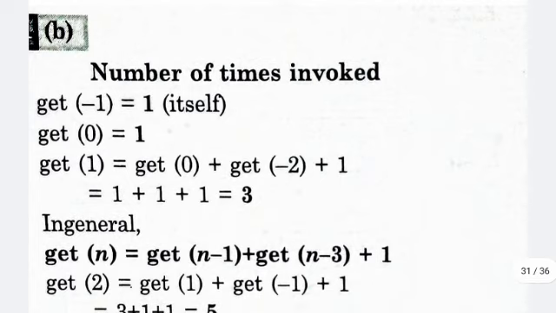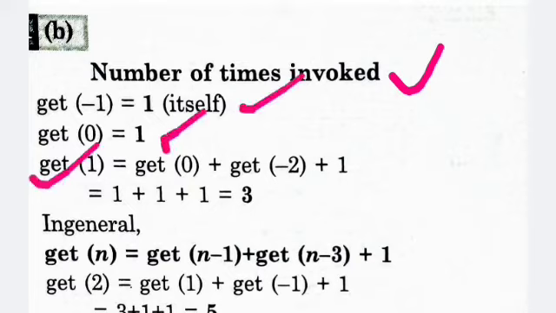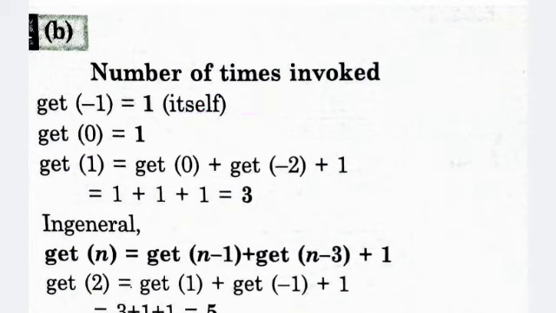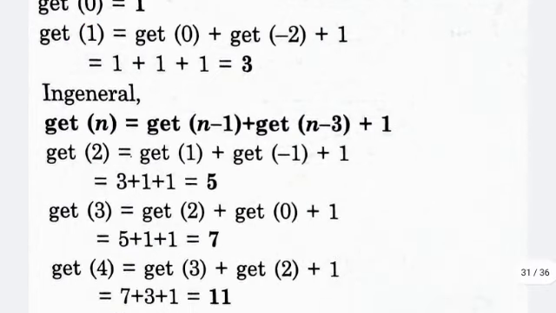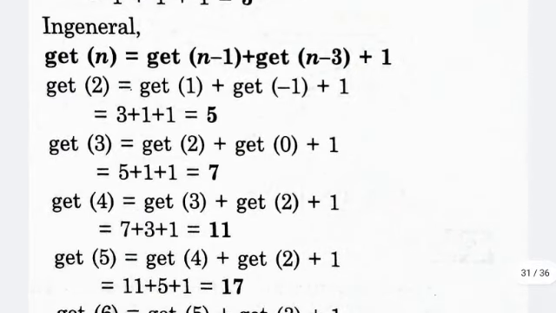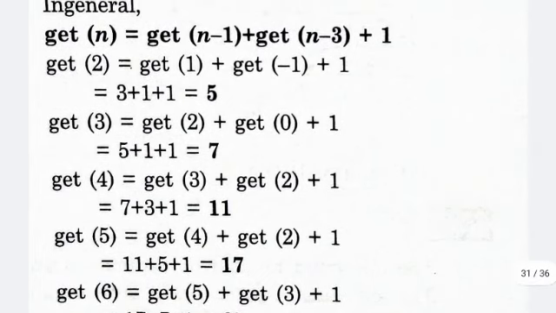Now come to the solution of this question. The number of times invoked: get(minus 1) equal to 1 itself, get(0) equal to 1, and get(1) equal to 3 after putting the values. In general, get(n) equals get(n minus 1) plus get(n minus 3) plus 1.